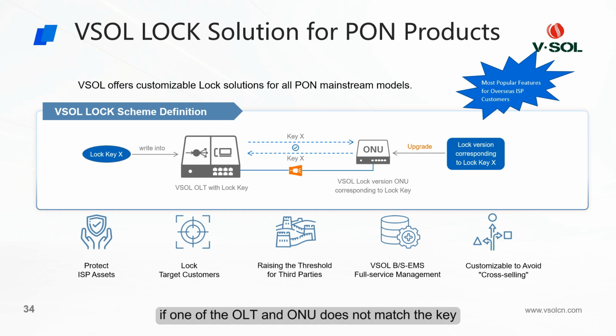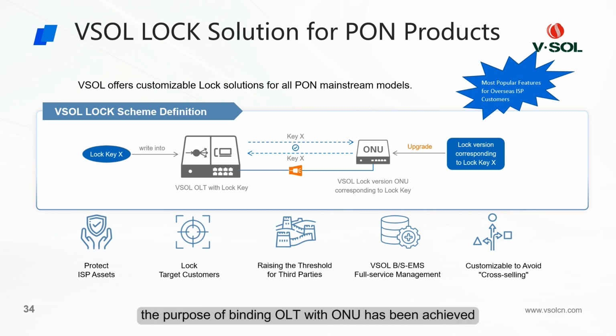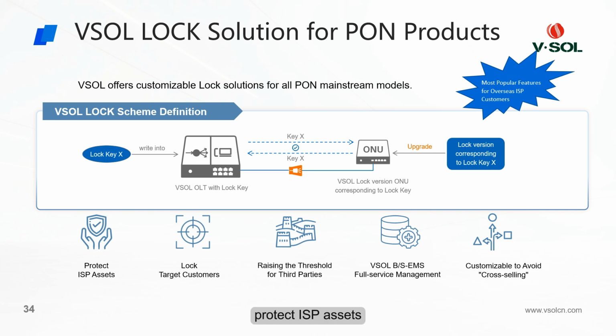If one of the OLT and ONU does not match the key, it will not be able to connect. Even upgrading the lock version of ONU cannot connect to other OLT devices. The purpose of binding OLT with ONU has been achieved: protect ISP assets.